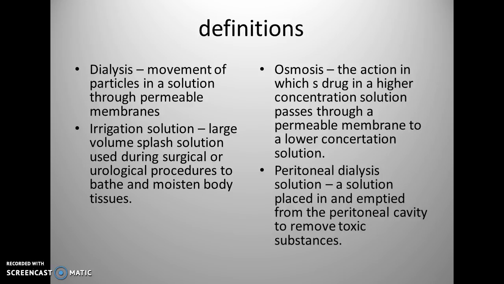And you should also note the following. Peritoneal dialysis solution is a solution placed in and emptied from a peritoneal cavity to remove toxic substances. Okay, all very important definitions to know.